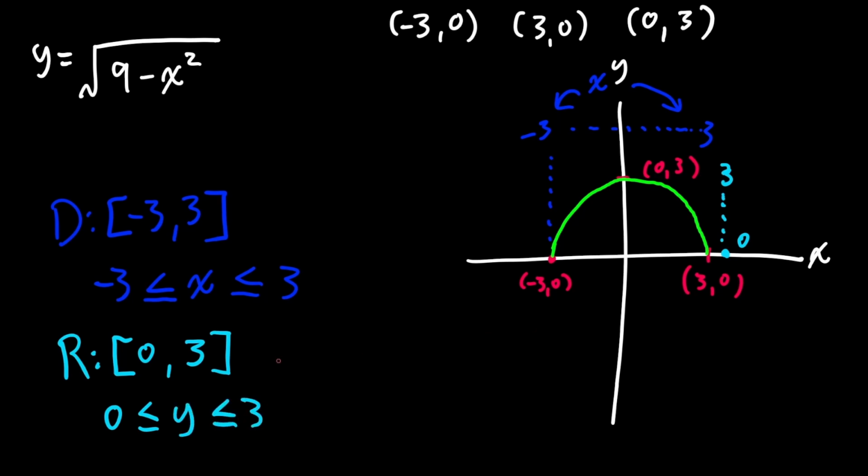Essentially what we're saying here is that the y value has to be greater than or equal to 0, which is present here, right? The y values are greater than or equal to 0 here. And we're also saying that the y values are less than or equal to 3, which is also present here because it's either 3 or something less than 3.